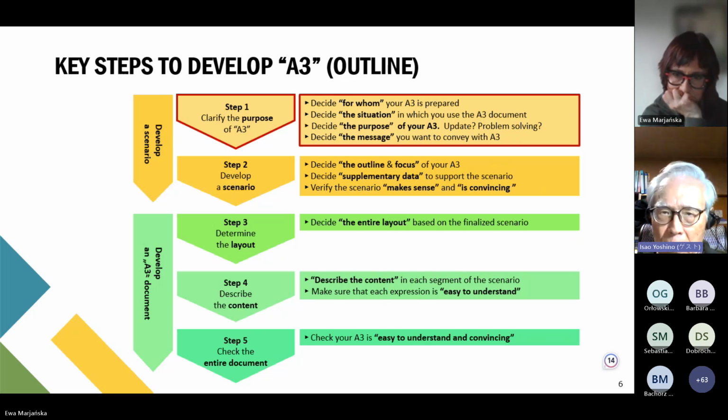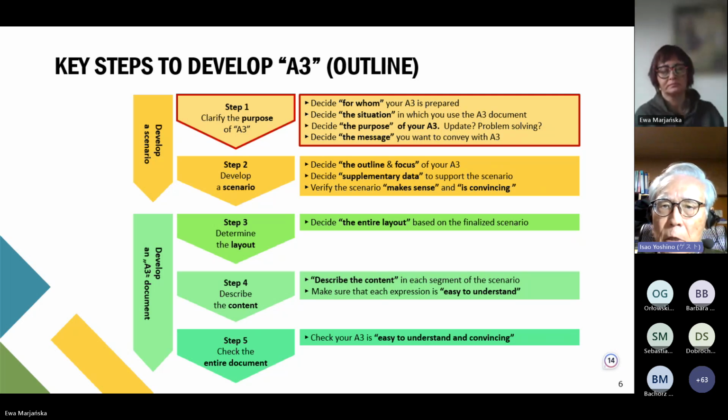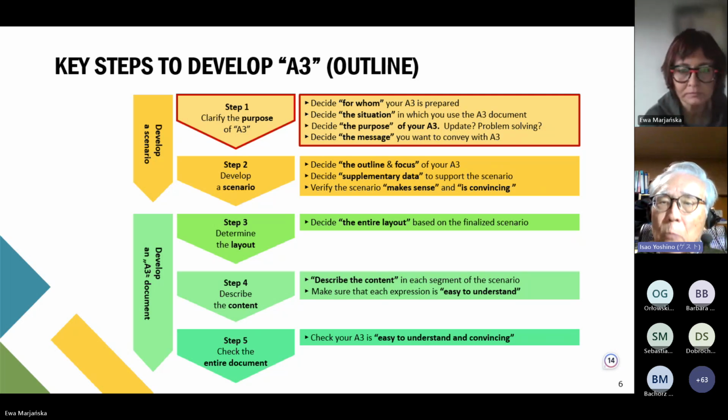Take a look at the entire A3 document and make sure that your idea, your intention flows from left to right. And also you put the right expression, also necessary data, illustration, and what you want them to make some decision, or what is the target for you to attain by using this A3.